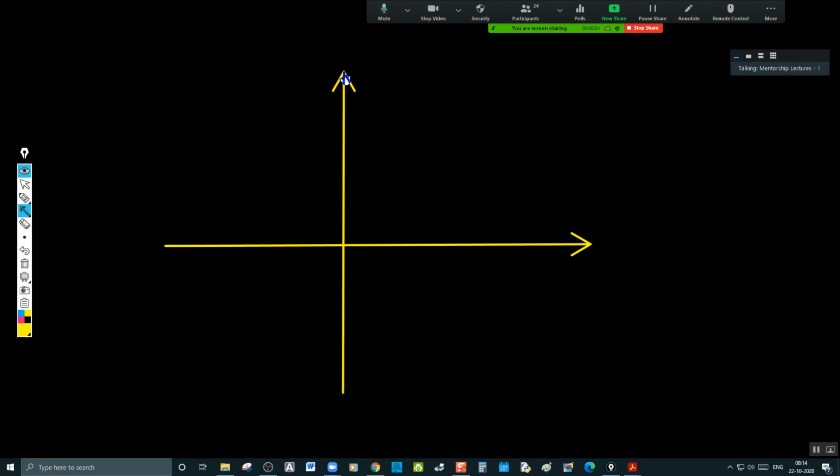And if you take the step function, which is the greatest integer function, it will be like this. Between 0 and 1, it is 0 only. Between 1 and 2, it is 1 only.